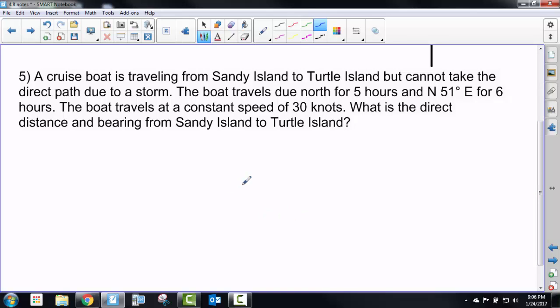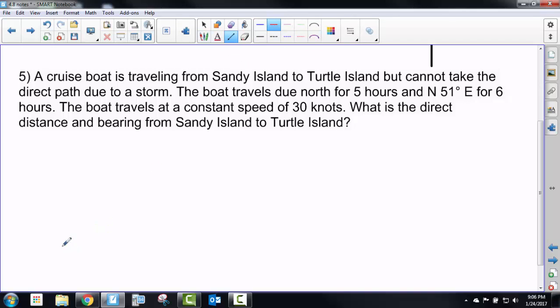All right, here we have a cruise boat traveling from one island called Sandy Island to Turtle Island, but a storm prevents it from taking a direct pathway. So you can see that the boat travels due north, and so I'm going to sketch the situation here.